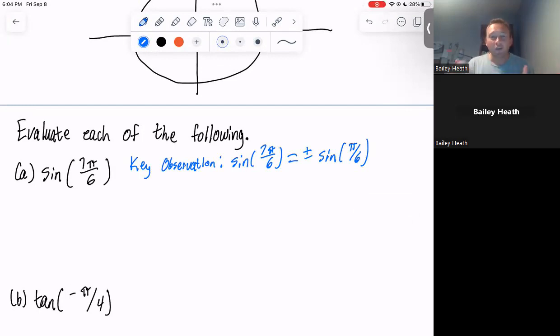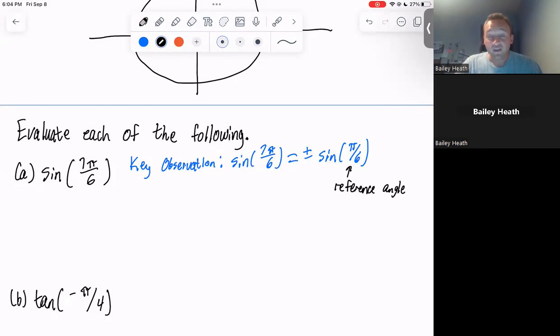That's how it works with all of these reference angles, where you look at the denominator, right? So in this case, it's a pi over 6, so that tells me that I'm going to be using the sine of pi over 6 value. And this pi over 6, this is what we call a reference angle, hence the name of the video and the name of this topic in general.